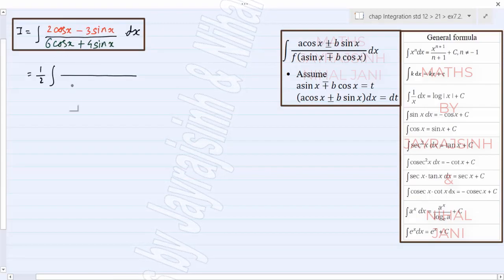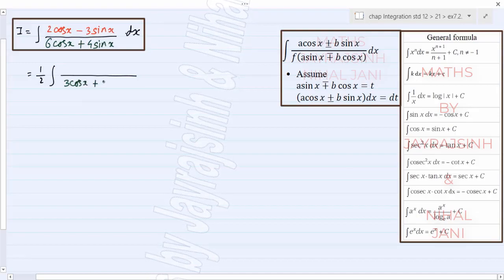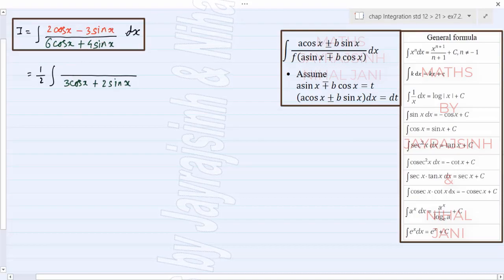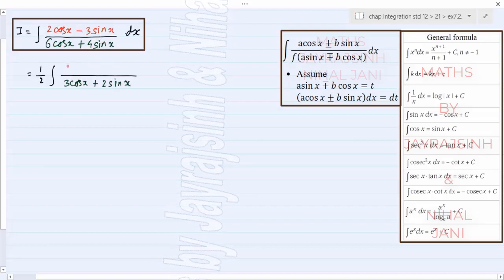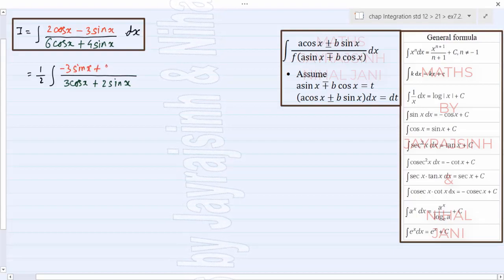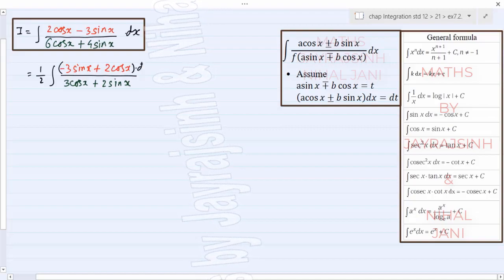So we will get 3 cos x plus 2 sin x, and let's rearrange the terms of the numerator. First of all, we will write down minus 3 sin x and then 2 cos x dx.